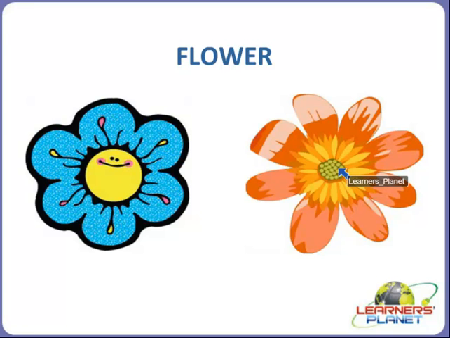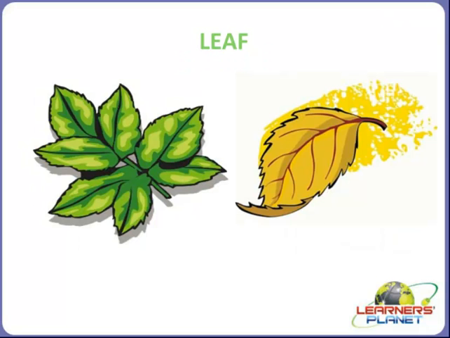So children, we can see here that this is a beautiful red color plant which has small seeds, which finally produce into fruits. The second part of a plant is a leaf.